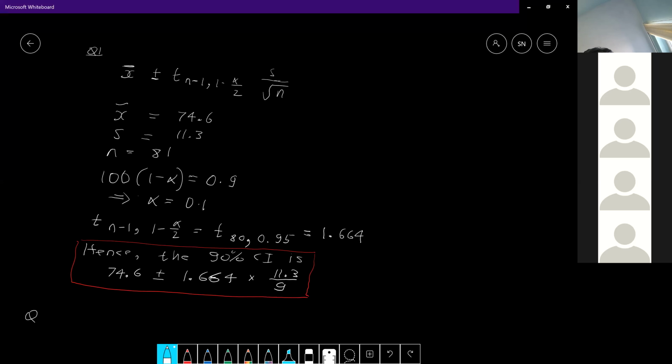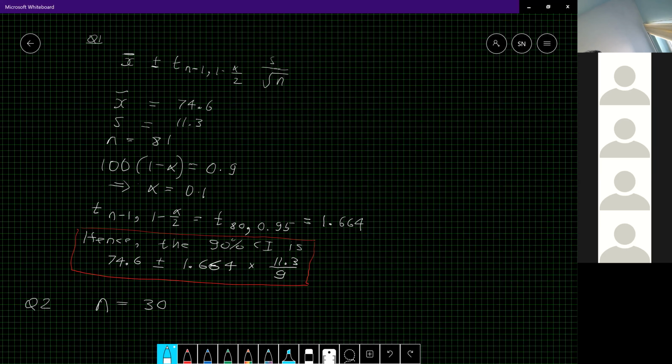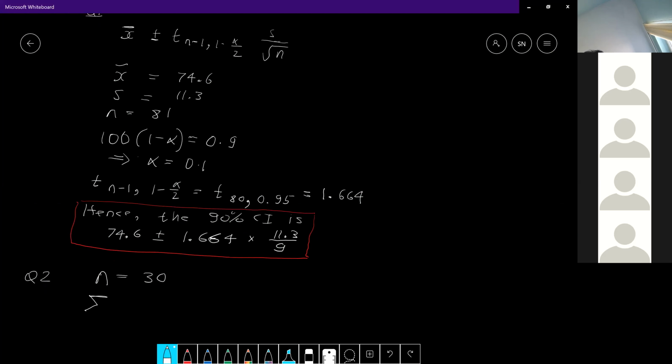You're told you have a sample size of 30, so 30 data points, right? And you're also told that the sum of all the 30 data is equal to 1,568.45.